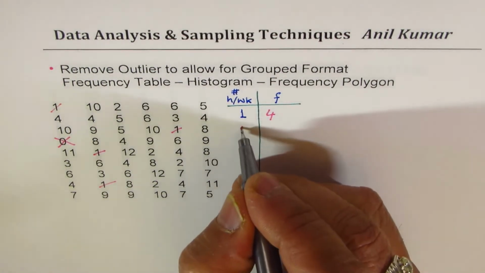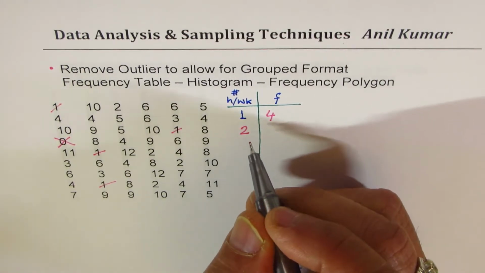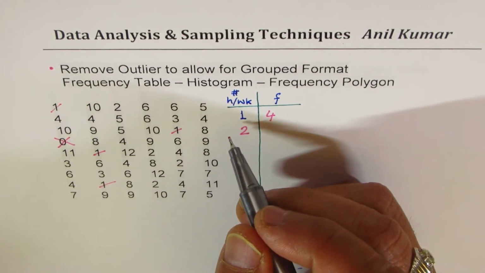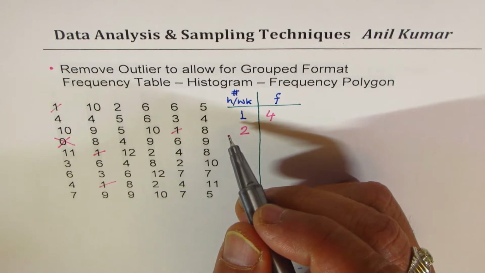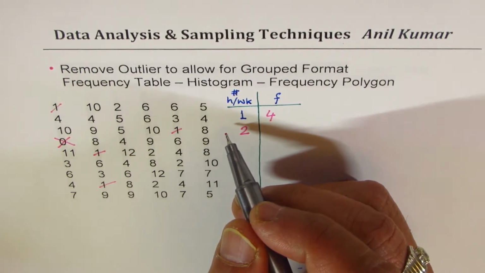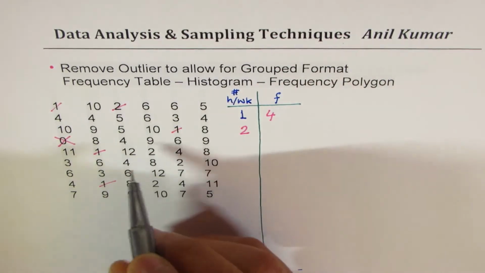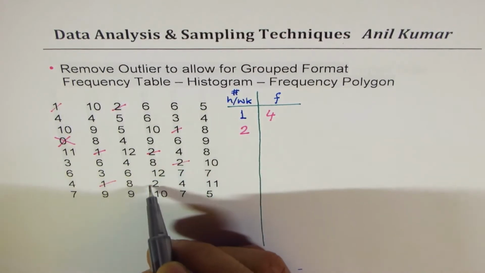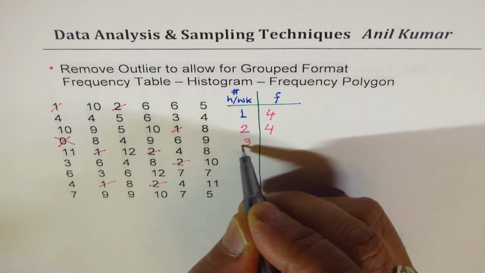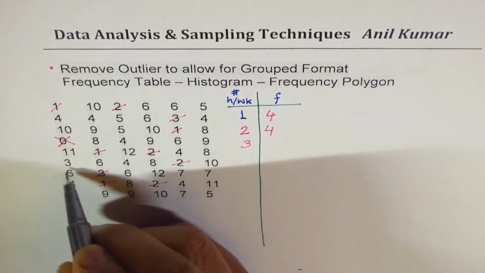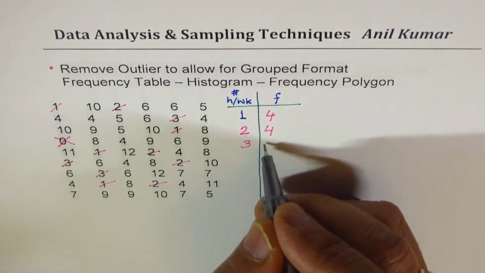Let's see how many 2s we have. The number of 2s here are 1, 2, 3, 4. Number of 3s, 1, 2, 3. There are 3 3s.